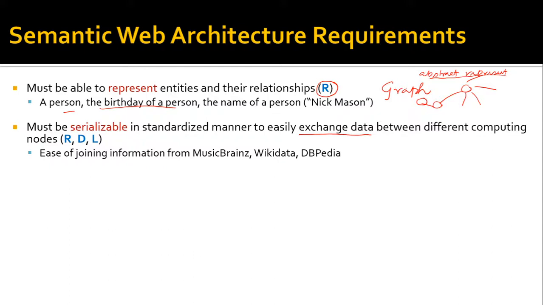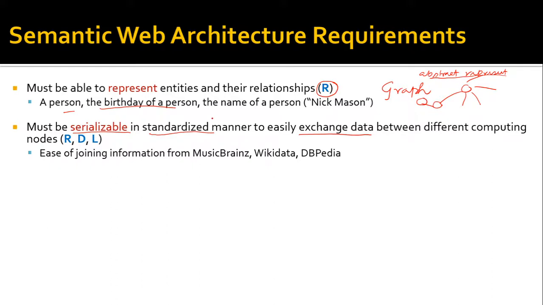So for that you have to make it grounded, and this grounding process is called serialization, right? This serialization should also be done in a standardized manner. Otherwise, the serialization that you have done might not be understood by other agents on the semantic web, right?